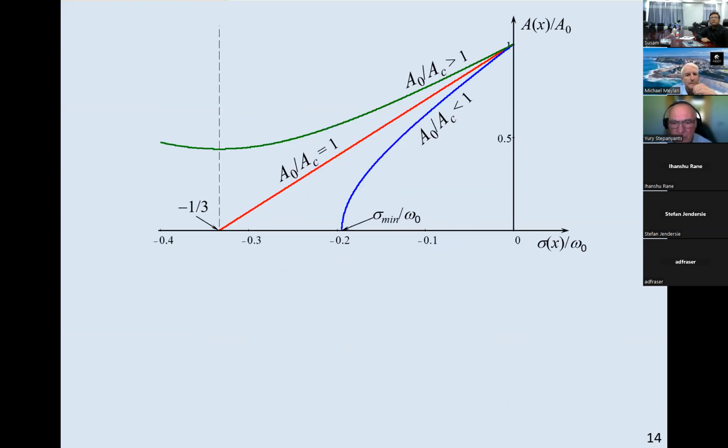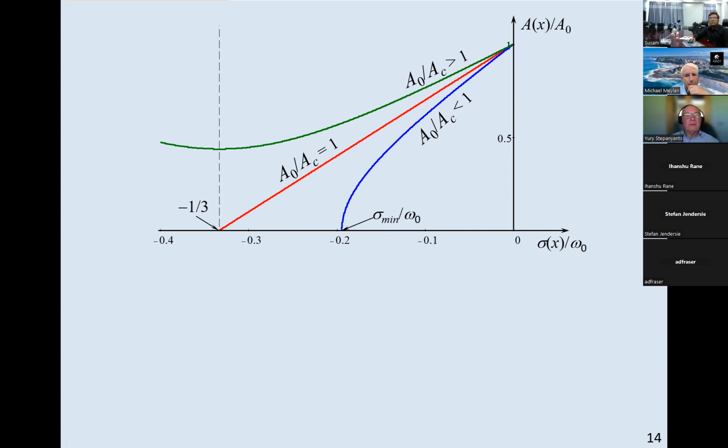But as shown in this graphic, formally speaking, this maximum shift can be -1/3. So this may be up to 30%, roughly speaking, of omega naught. So actually, the realistic line should be like this one, the blue line, not greater than 30%. So this deviation maximum is 30%. Okay, so we can predict.